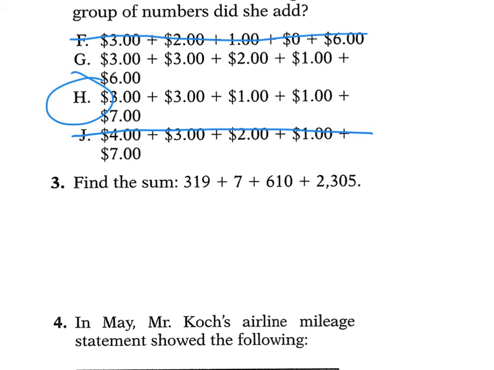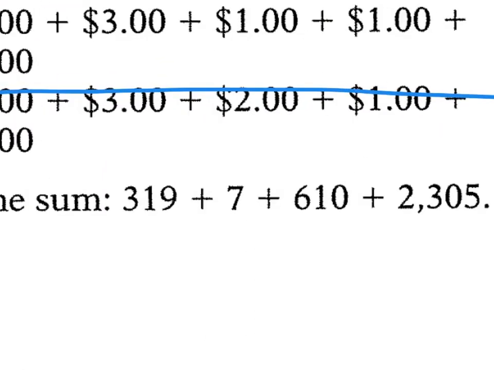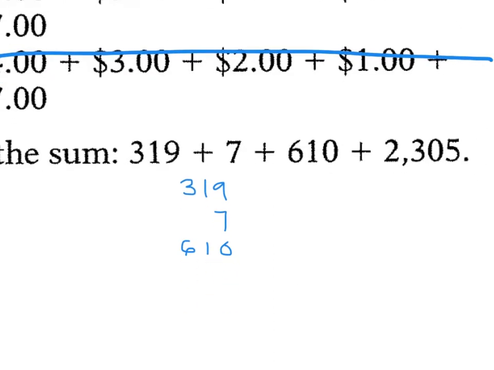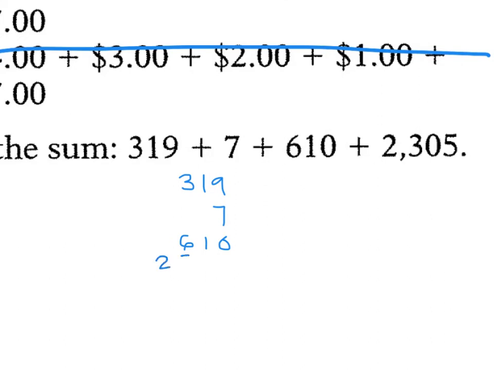Number 3, find the sum of 319 plus 7 plus 610 plus 2,305. So to add these all up, we're going to line them up together. So we have 319, 7, 610, and 2,305. Now we add.